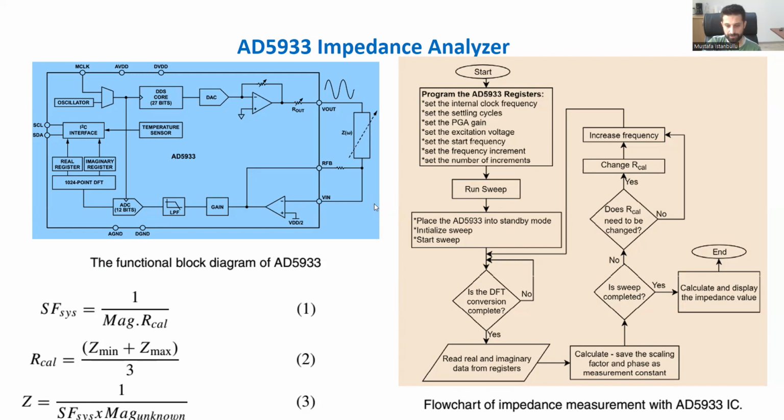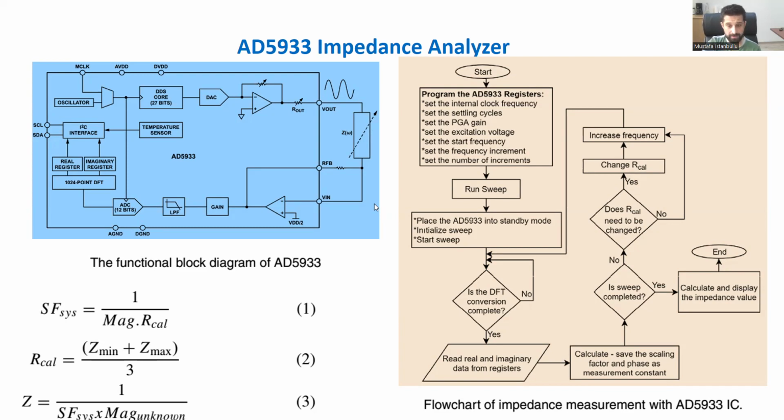The DFT algorithm returns a real and imaginary data pair for each measurement frequency. The right-hand side figure shows the flow chart of the impedance measurement process with AD5933 impedance analyzer chip.